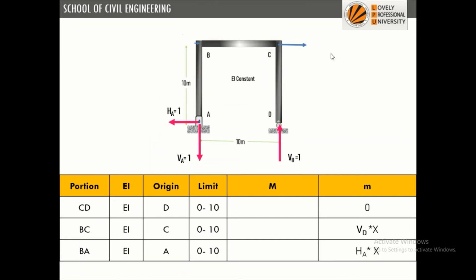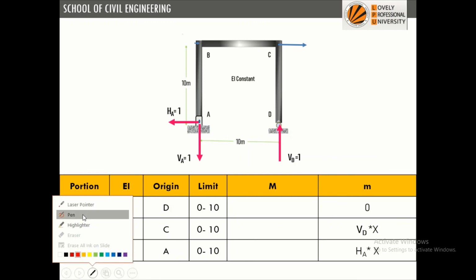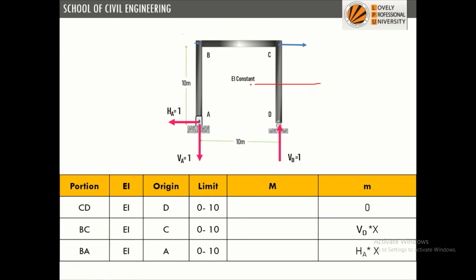So this is our virtual system where we have a unit point load at C, because we want horizontal deflection at C. The first portion we'll consider is CD, and we find that there is no force which will create any moment, because this is a force that will pass through the axis of the member. So small m value will be 0 for portion CD.